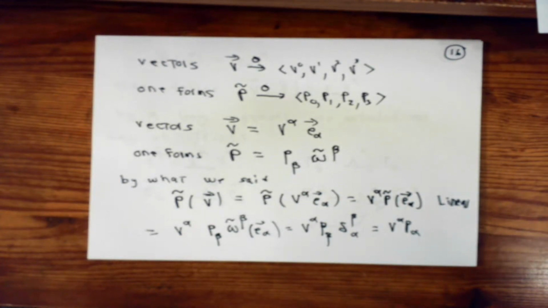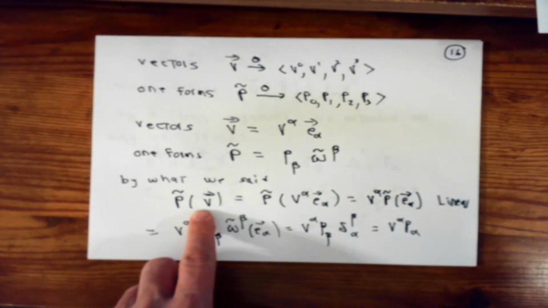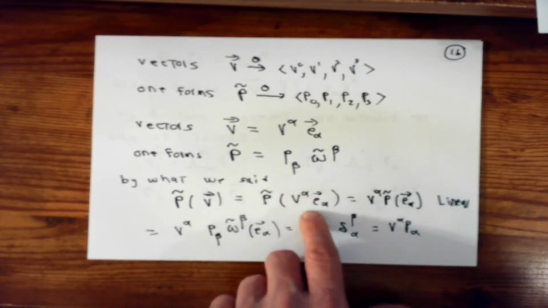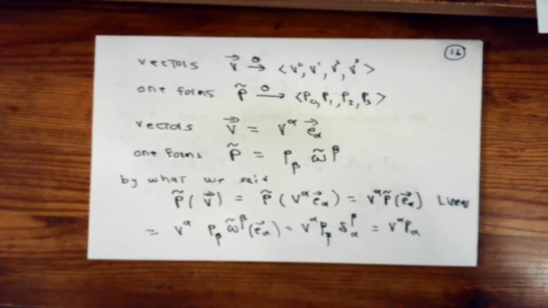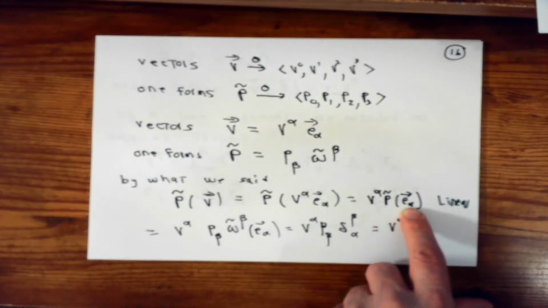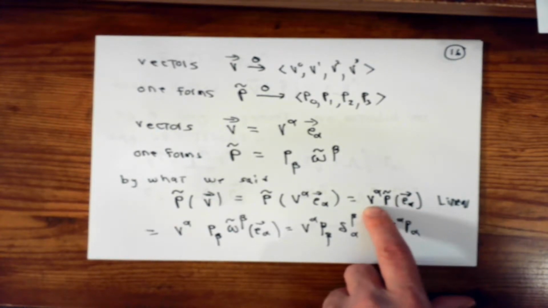Because of what we've said, if you do P evaluated at V, that's the same thing as P evaluated at V alpha E alpha, sum over the alpha, you see. This is supposed to be a linear function, so if I multiply vectors by numbers and add them up, that's the same as calculating the value of P tilde at E alpha, multiplying by the components and adding them up.